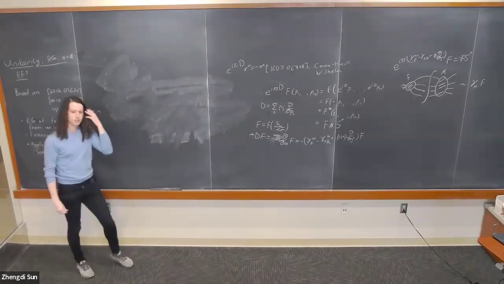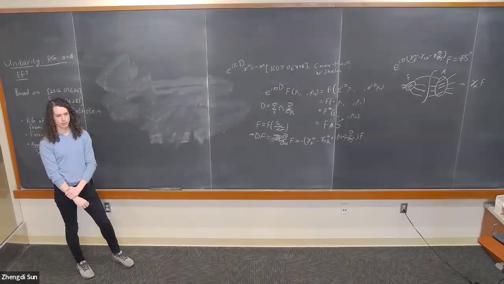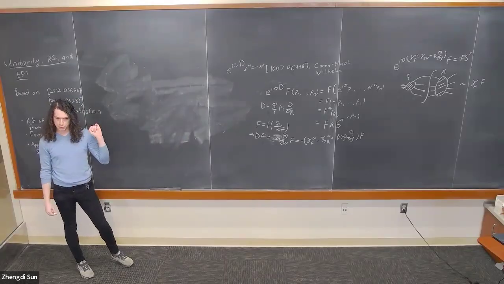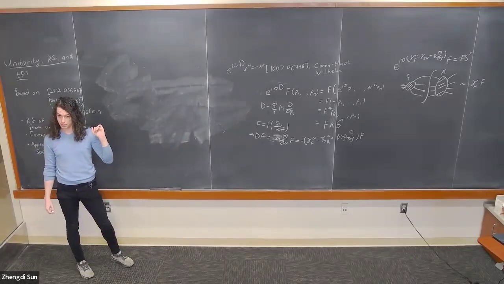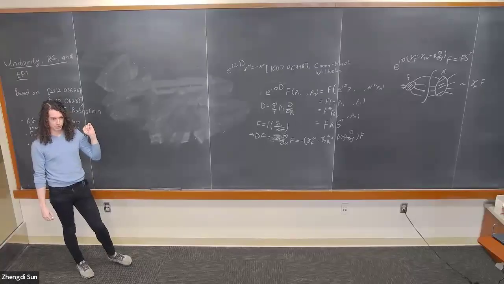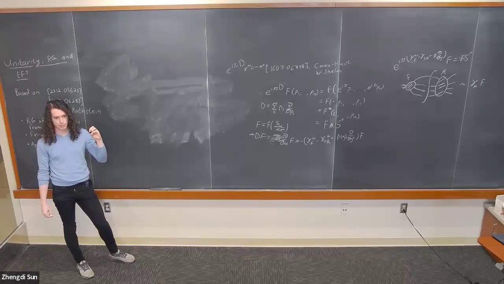So can people use this setup for trying to compute the running, like the DGLAP running, or no? In Simone's original paper, he computed all of the twist two anomalous dimensions using this, for splitting functions, collinear splitting functions.